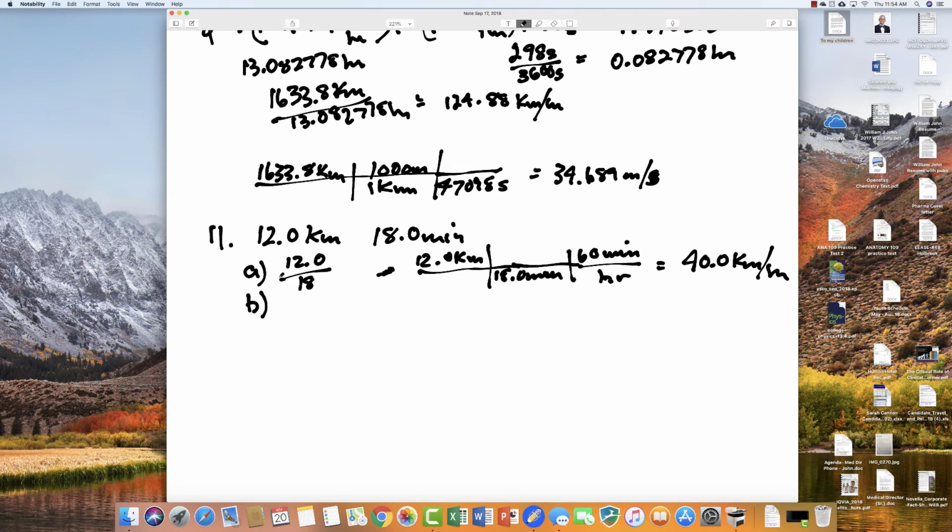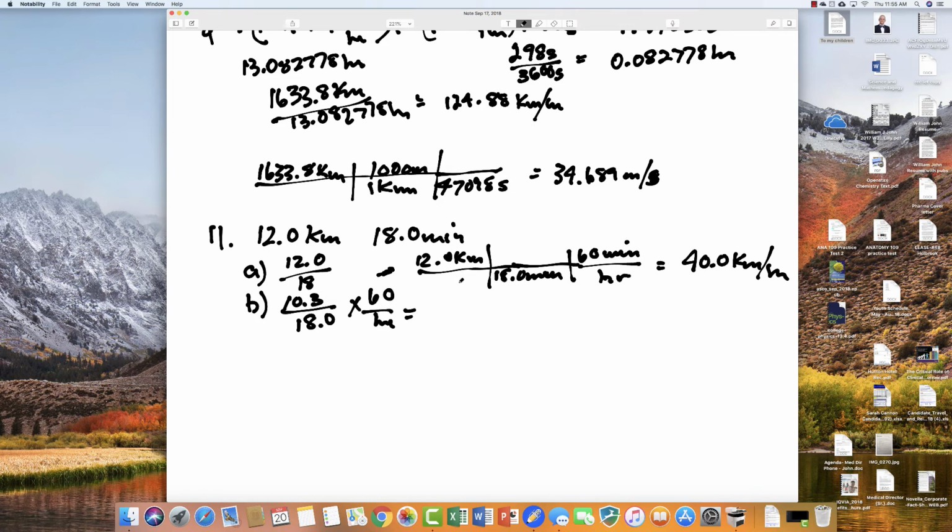Part B states, if a straight line distance from her home to the university is 10.3 kilometers in a direction 25 degrees south of east, what was her average velocity? So it's now 10.3, the straight line distance, or displacement now, divided by 18 times 60 over an hour.